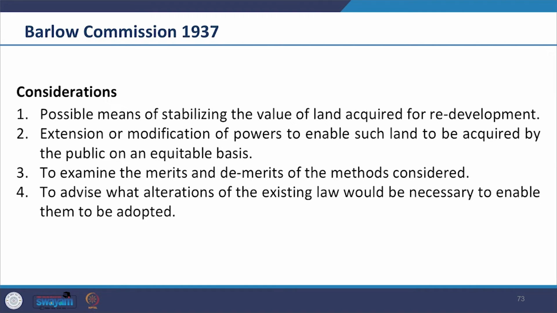Further, to examine the merits and demerits of the methods considered of acquisition and to advise what alterations of the existing law would be necessary to enable them to be adopted. So, now we are looking at how the land could be taken from the public and what kind of process and system has to be created here.